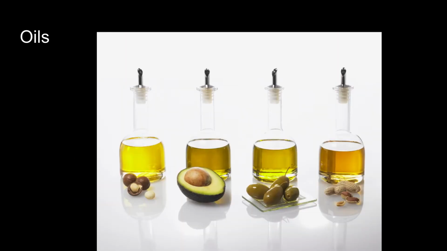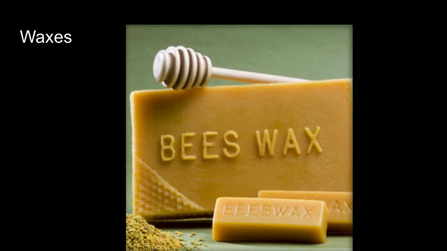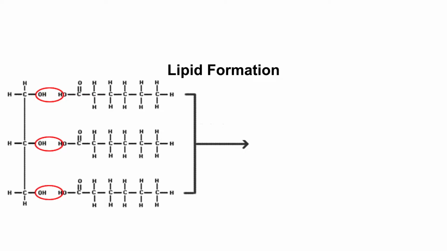Whereas oils are sort of the opposite. They're traditionally associated with being found in plants, although are found in all living organisms, are generally liquid at room temperature, and are also generally associated with better health. And waxes can be found in any organism, can be both liquid or solid at room temperature, depending on how it's structured, and are sort of not unrelated to health, but we'll get to sort of where they come into your person in a little bit.